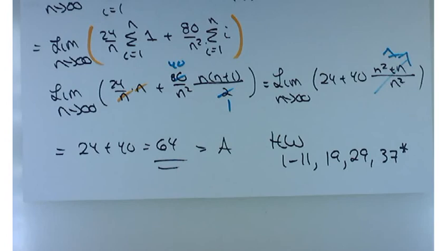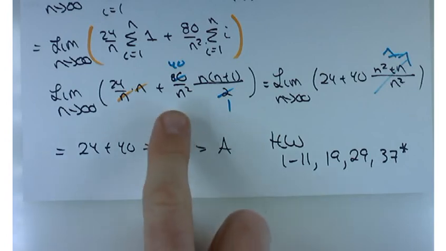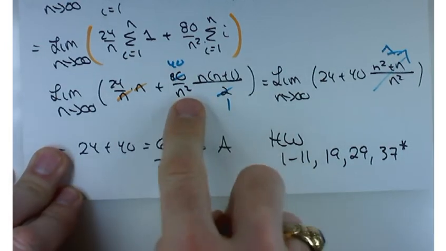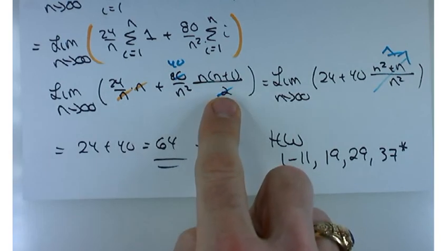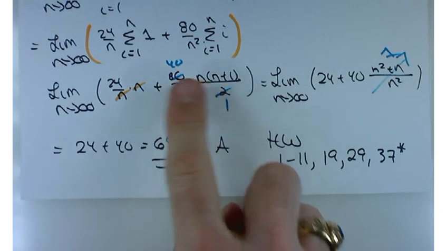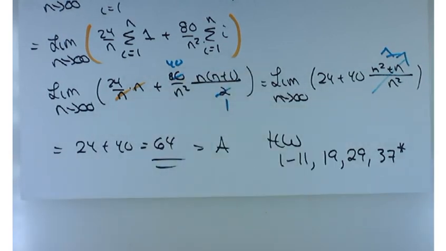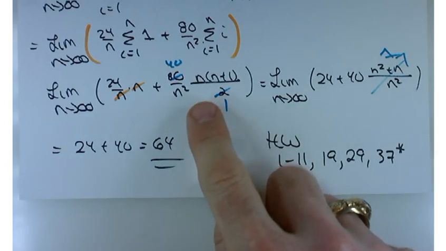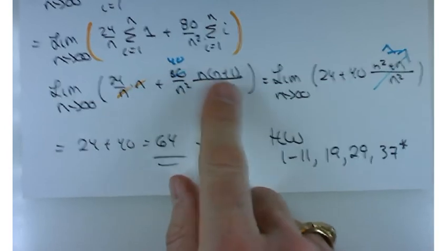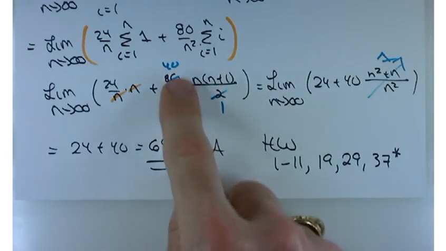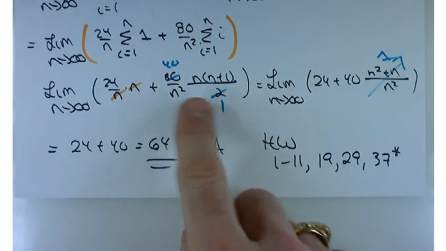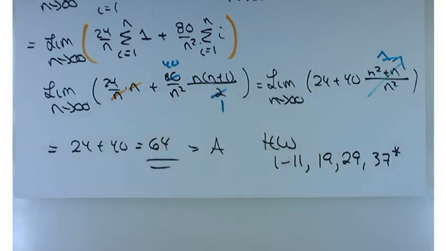How did I get rid of the n squared underneath the 80? Oh, I just moved it underneath here, right? The 2 canceled, and then I just wrote the n squared underneath there, because it's all one product. If you took the limit now, you're still going to get 40, right? Because you'll have 80n squared over 2n squared, and the degrees match.